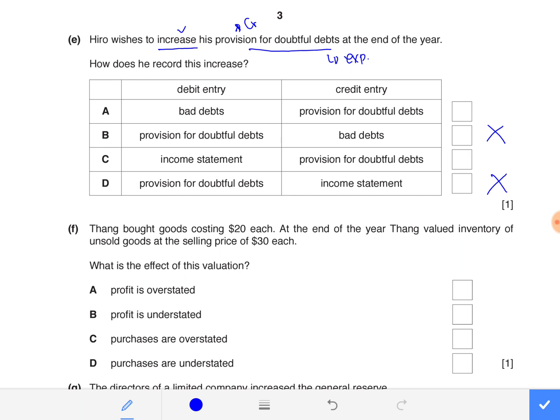An increase in doubtful debts is not a bad debt, because it is still a doubtful debt. You don't know whether they are going to pay you or not. What I mean by they is customers.